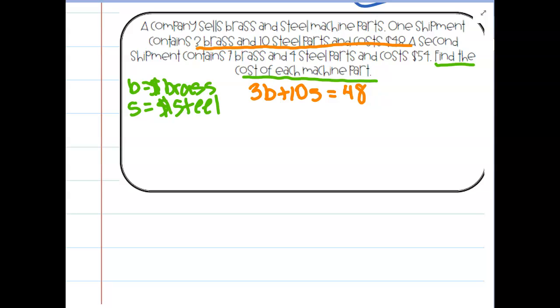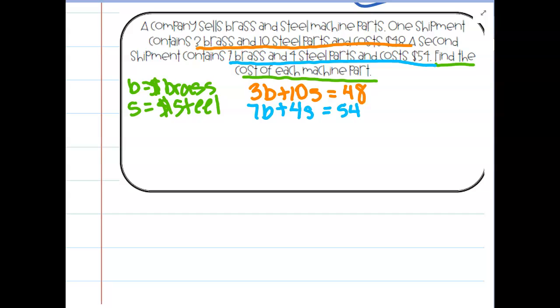You can like literally take that sentence and turn it into numbers and variables. 3B, 3 brass, plus 10S, 10 steel, and costs equals 48. Just take it exactly as it's written. Do the same thing with the second one. A second shipment contains 7 brass and 4 steel parts and costs $54. So we have 7 brass and 4 steel parts and costs $54.